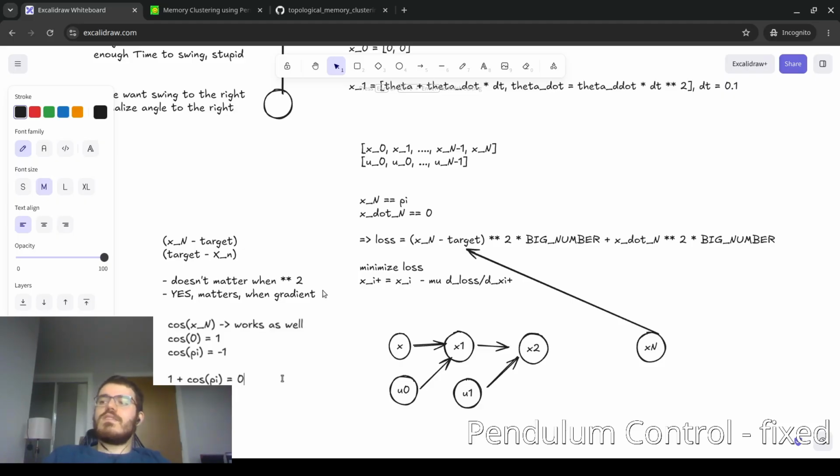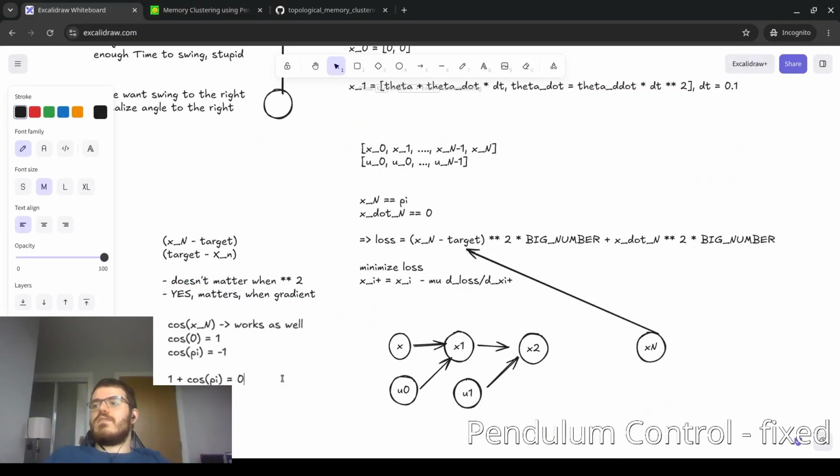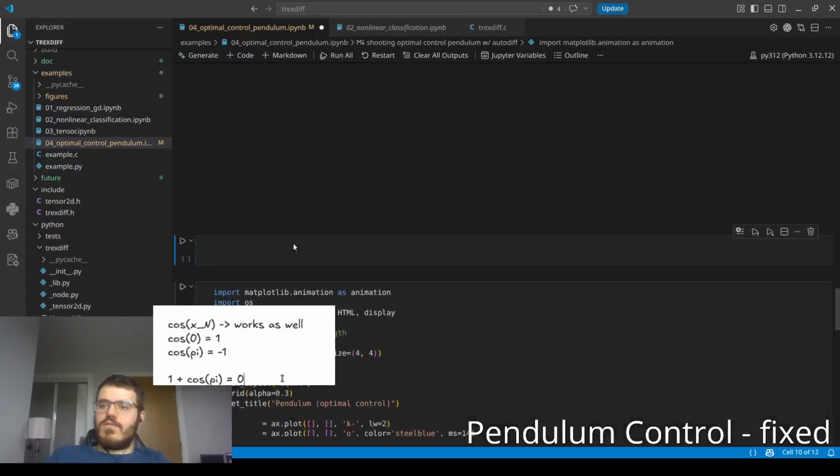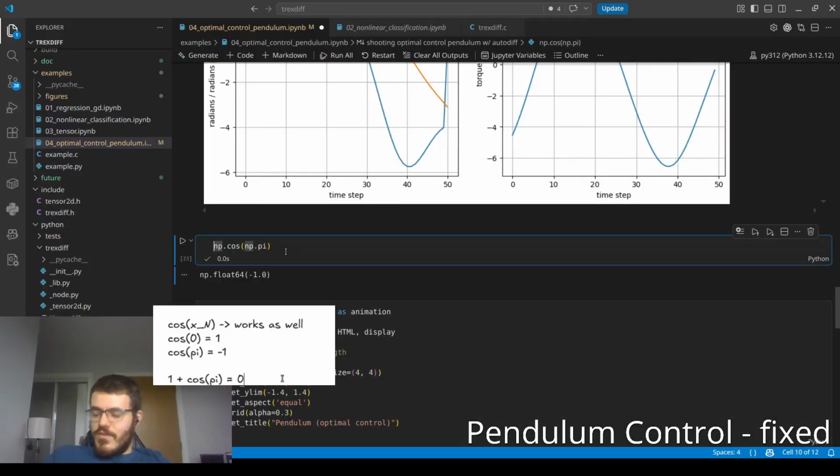And now that I remember this, this is how we solved the problem here as well. Cosine of 0 is 1, right? And then cosine of pi should be 0, unless I have to neck myself again. Minus 1, sorry, minus 1.